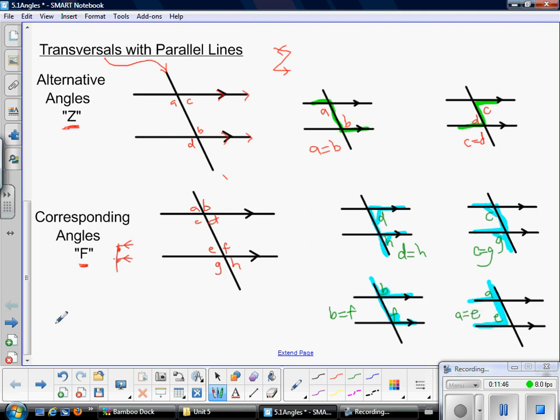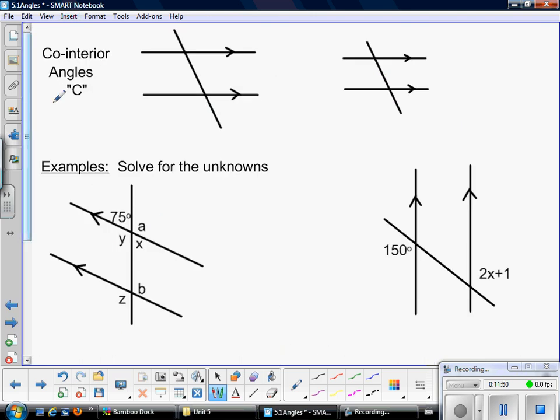Okay, now we also have some other properties dealing with parallel lines, and that's what we call co-interior angles, and it's the letter C. I'm making a square C, and we're looking at the parallel lines being on the top and bottom of the C pattern. Now what's different about these is that they are not equal to each other, so this is important. You can see that there's a C pattern here, and I should have used the highlighter because it's a little thicker.